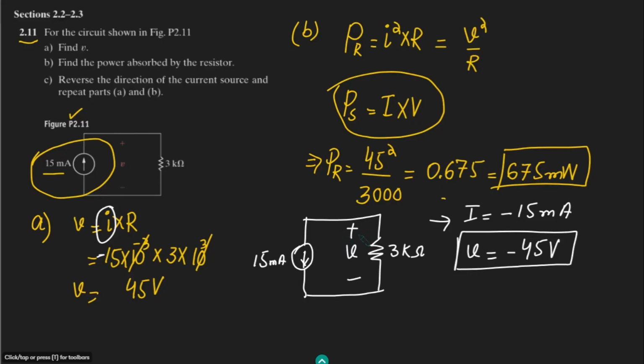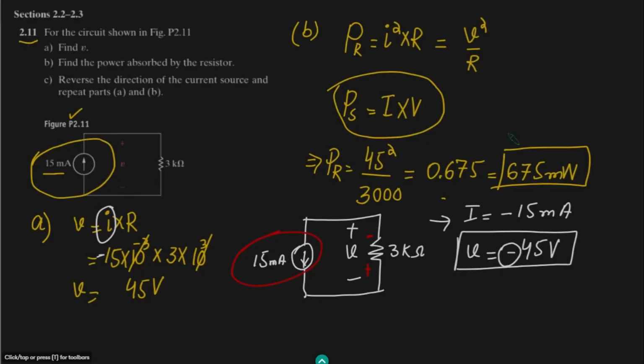It means that the polarity we have selected is this one, but the actual polarity, given by this negative sign, is opposite to what we have supposed here. This is positive, but the actual polarity is plus minus, and that is due to the opposite direction of the current source.